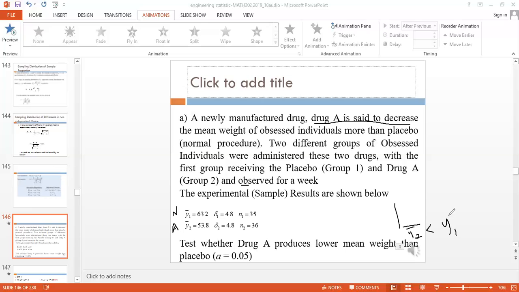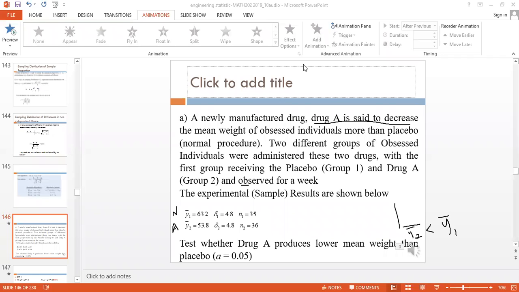This is the expectation, that the average weight on drug A should be less than the average weight on the normal procedure, that is if indeed drug A reduces the mean weight better than the normal procedure.